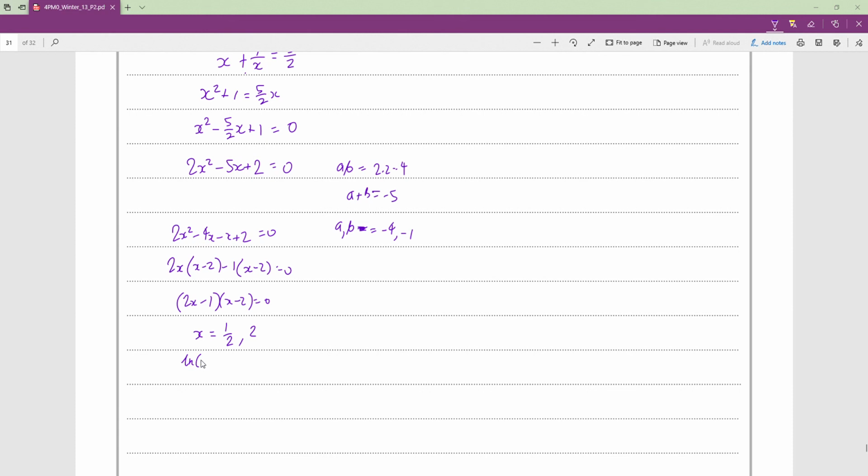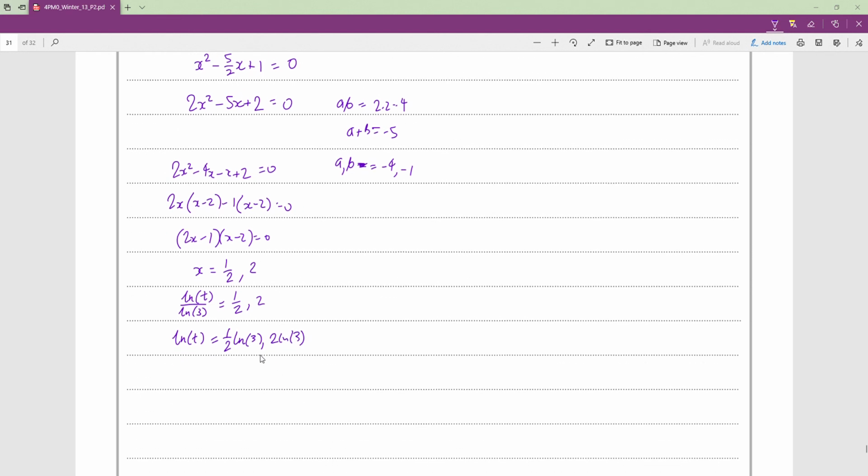So ln t over ln 3 is equal to 1 over 2, or 2. ln t is equal to half ln 3, or 2 ln 3. And if we use the log rule that a constant multiplied by a logarithm is equal to the logarithm of the input to the power of the constant, this will make more sense when I write it down.